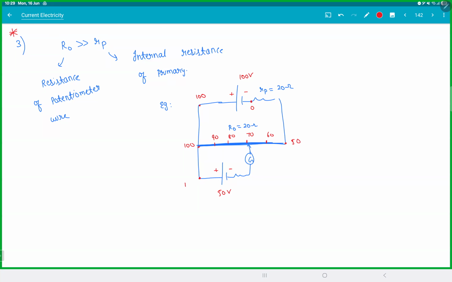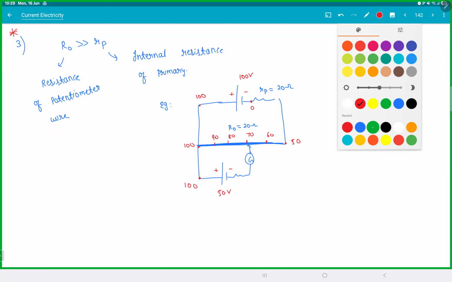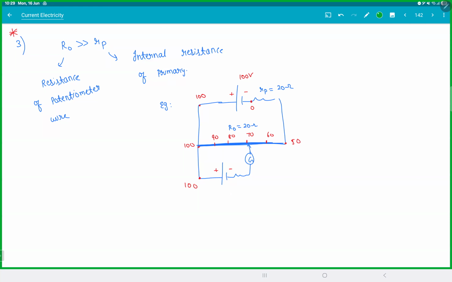Now look at the potential here. If this is 100, let's take this as 60 volts. This point will be how much? This point will give you plus 40. You can't find 40 on the bridge, isn't it? Making sense what happened? The bridge won't be balanced here.